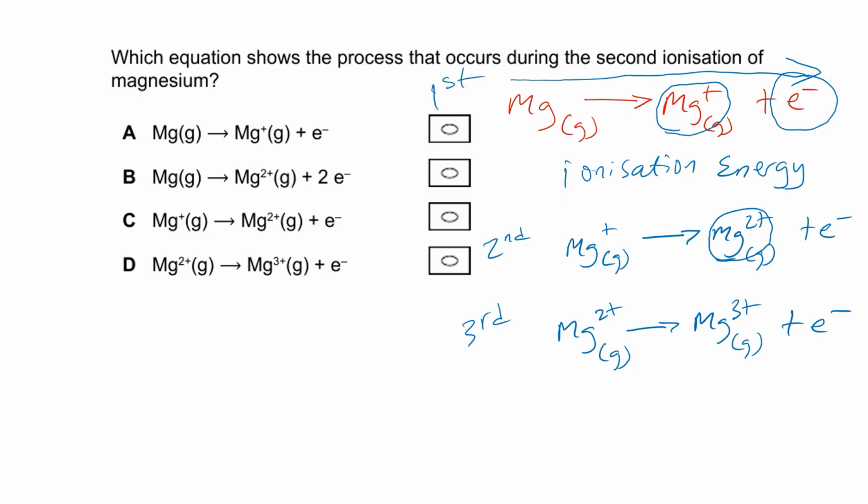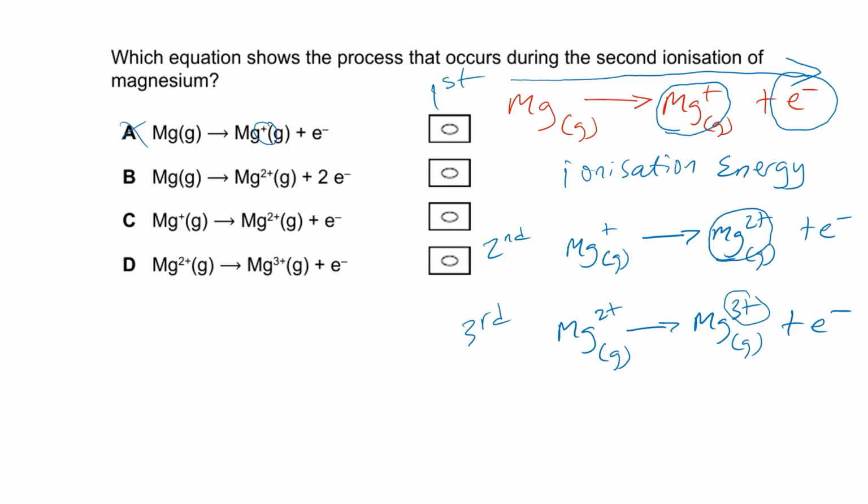If it's plus 3, it shows that this is the third ionization equation. All right, so now let's look at the options here. This one has plus 1 on the right side, so this is the first ionization equation, and that is not what the question wants.